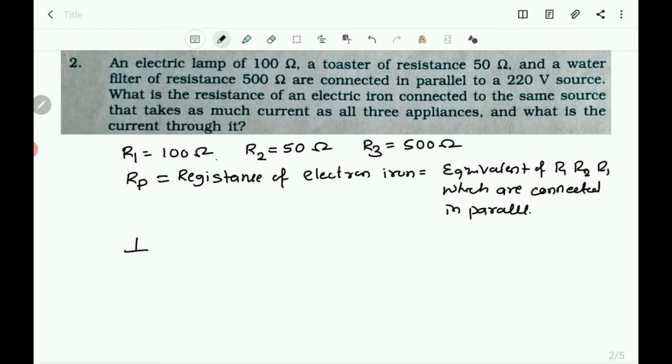You know the relation, that is 1 by Rp. As it is a parallel connection, you must have 1 by Rp is equals to 1 by R1 plus 1 by R2 plus 1 by R3.